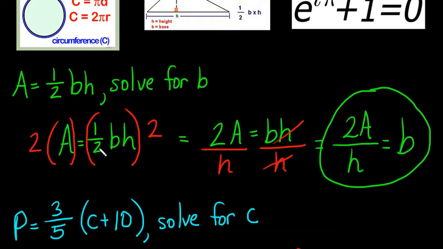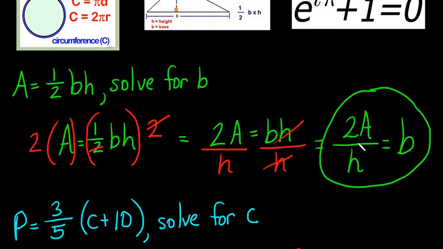That will get rid of my fraction. And so now I have 2a equals b times h. And I want to solve for b. So the second thing I want to do is divide by h on both sides so I can get the b all by itself. So the base is equal to 2a divided by h.